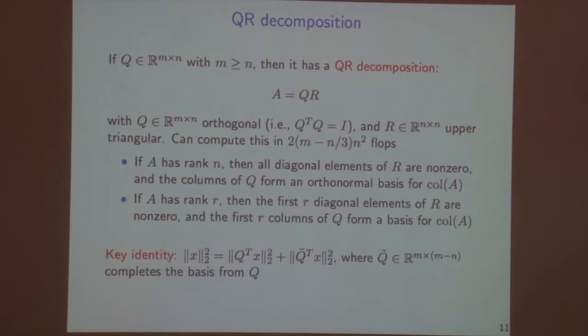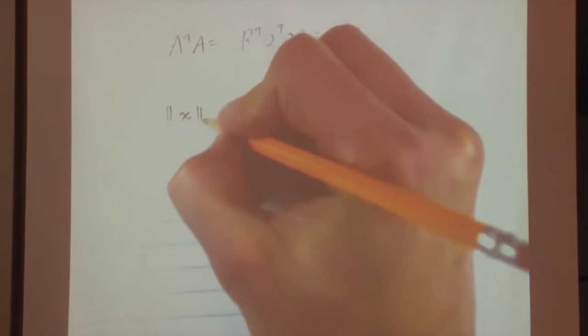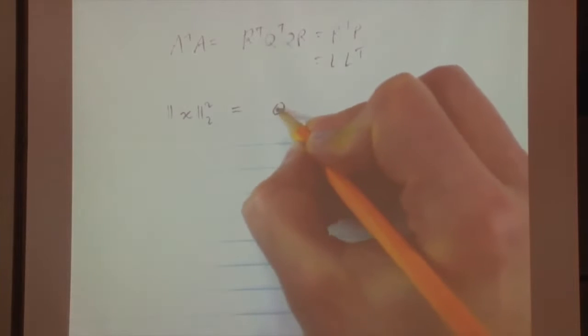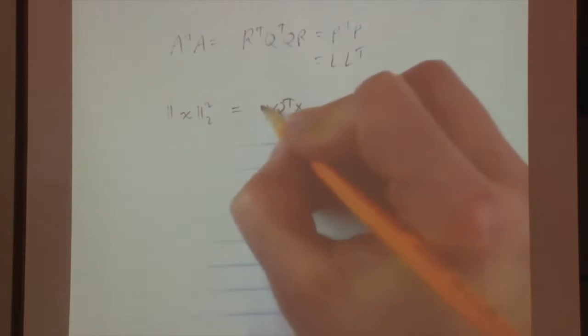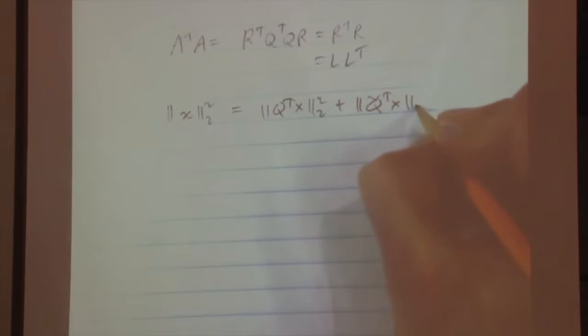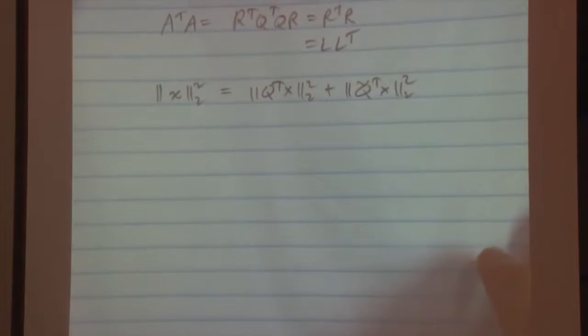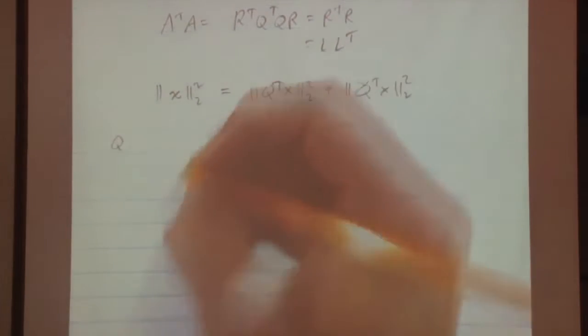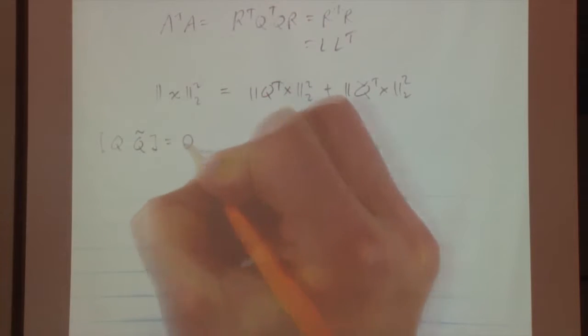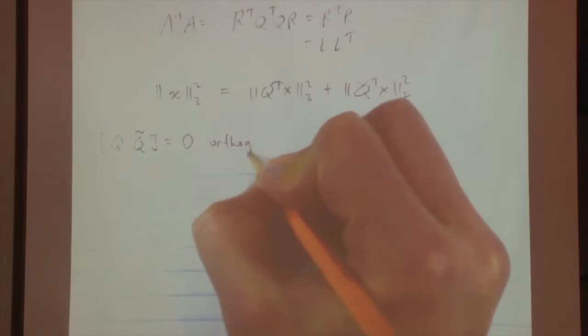And to use this to solve linear systems, we use this key identity: if I have any vector x and I ask for its 2 norm, I can write that as the 2 norm of Q transpose x plus Q tilde transpose x squared, where I take Q and put next to it Q tilde, and these form a square orthogonal matrix O.